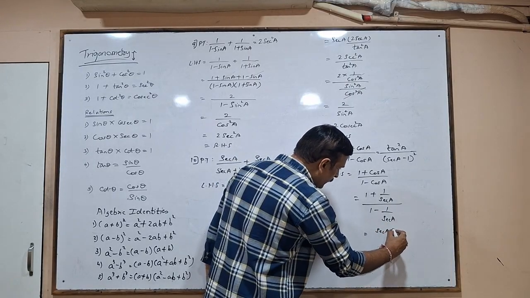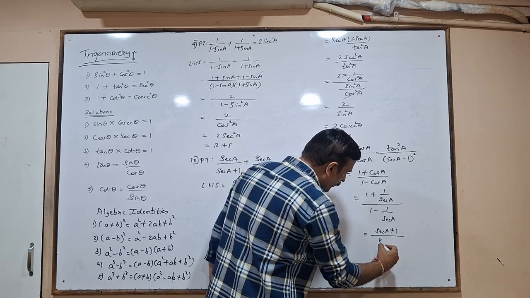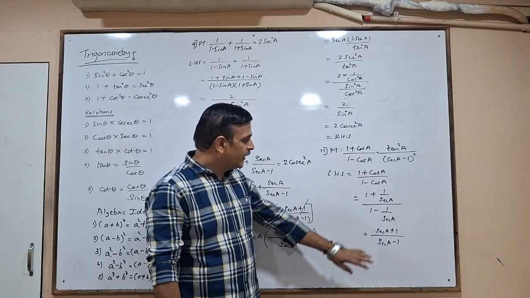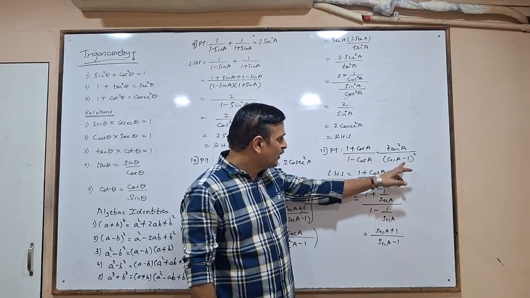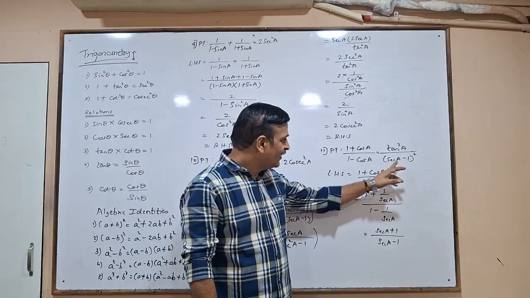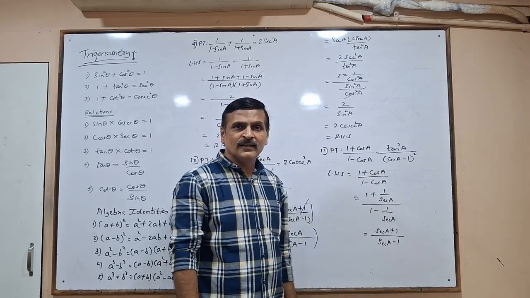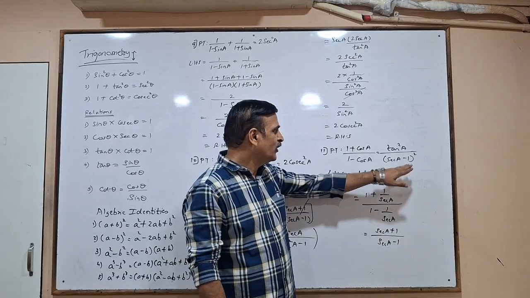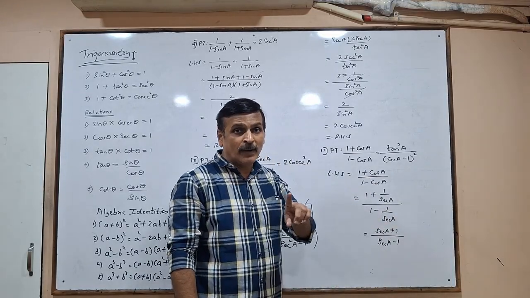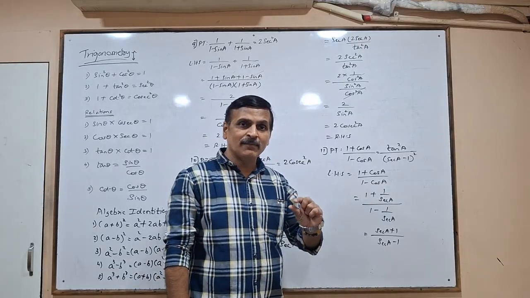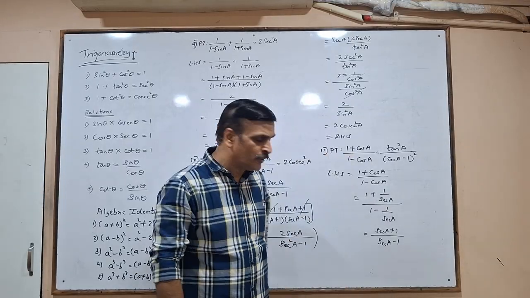So it is sec A plus 1 upon sec A minus 1. Once I get this result, if I observe the RHS, there is a sec A minus 1, but there is a whole square. So obviously I want sec A minus 1 square, so I will multiply the denominator by sec A minus 1. But I cannot multiply only the denominator. The same term I will have to multiply to the numerator also.